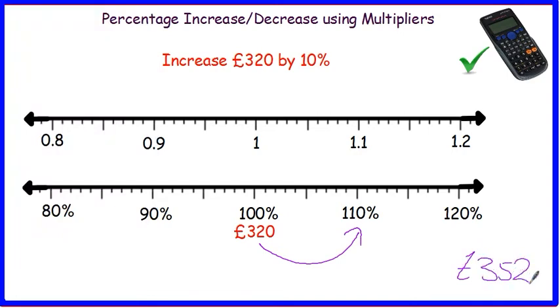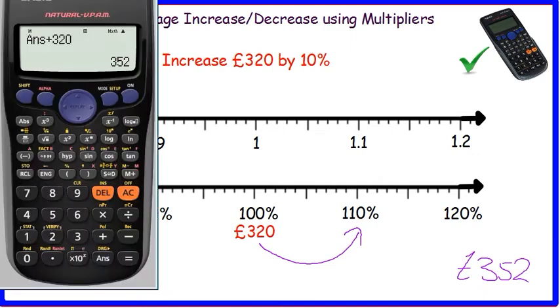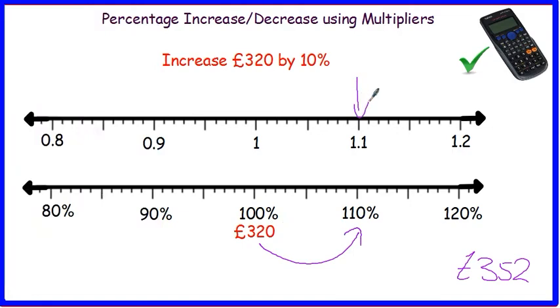But we're going to use single multipliers. What that means is I'm going to take £320 and multiply it by one decimal to get this answer. Adding on 10% is this number, 1.1. 100% of the £320 is my 1, and my 10% is 0.1.